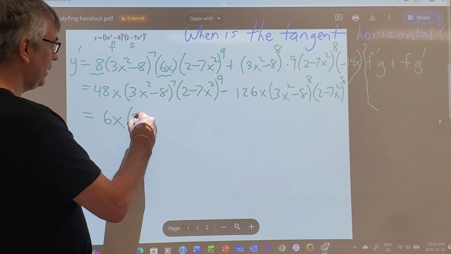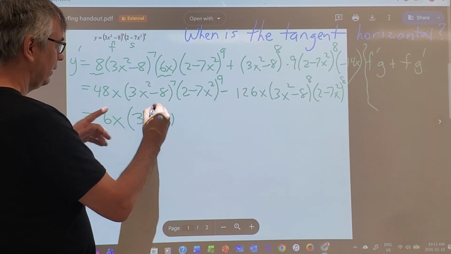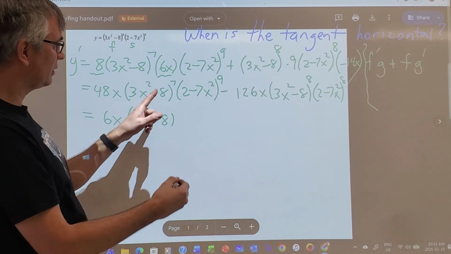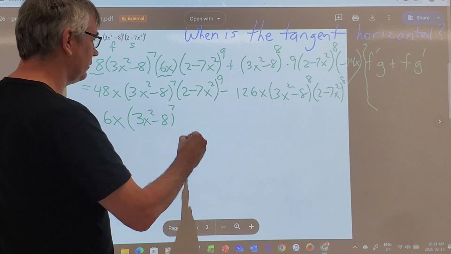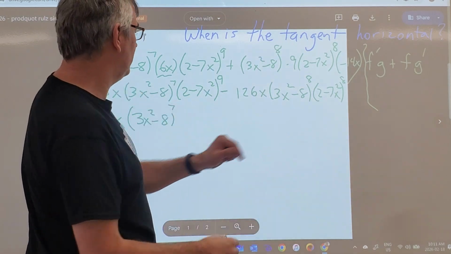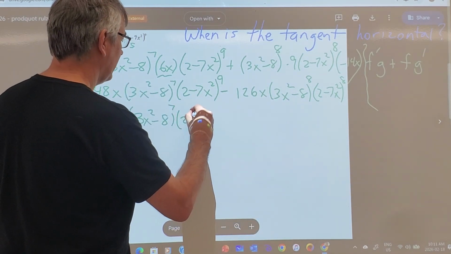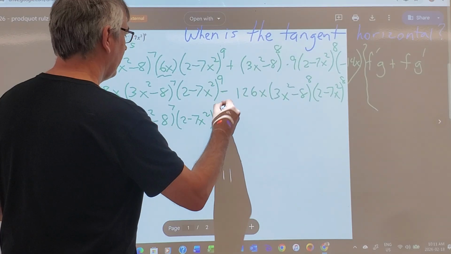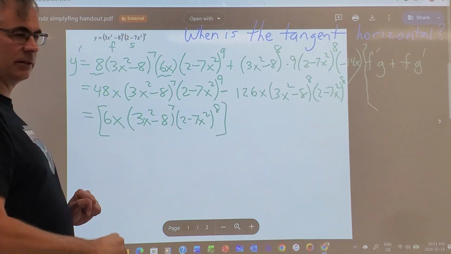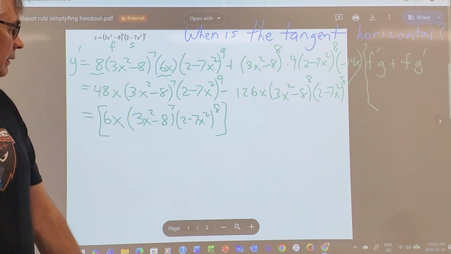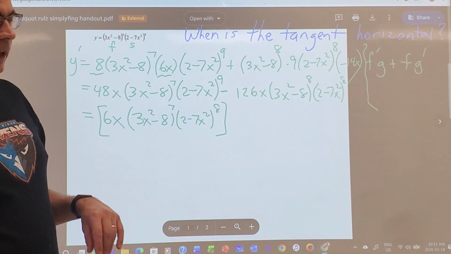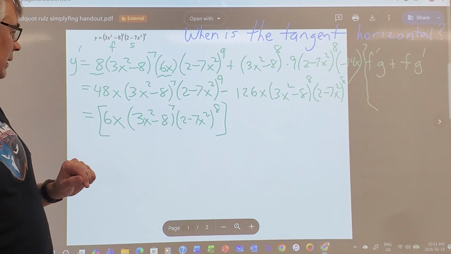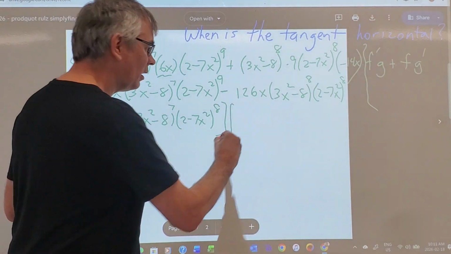We also have to ask how many of these 3x squared minus 8 terms can we take out? Well, there's 7 there and there's 8 there, so we'll take out 7. And here we have 8 of those and 9 of those, so we'll take out 8 of them. This thing out in front, I'm going to put square brackets around it. That's your giant common factor. That's what's common to both. And hopefully we've taken out everything we could out of the 6. We'll find out in a second. It's not a big deal if you didn't.